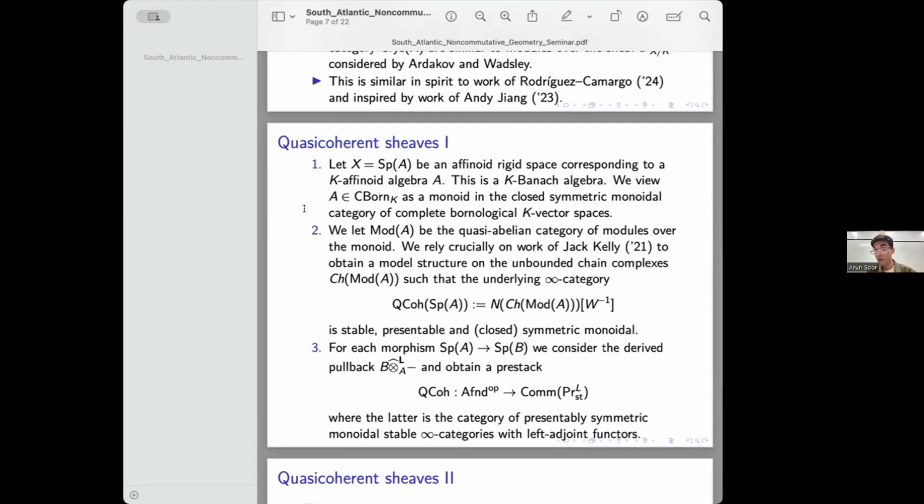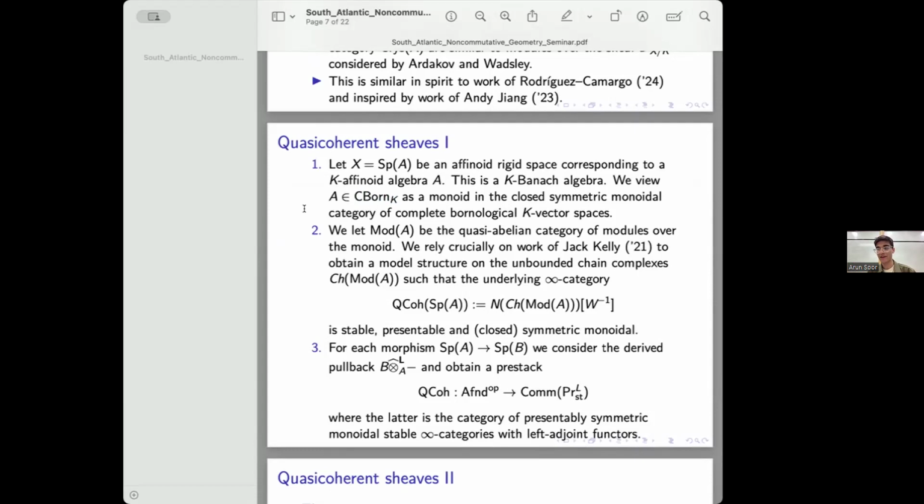That is the quasi-abelian category of modules over the monoid in C-born K. And then Jack Kelly, in his work, has defined model structures on the category of unbounded chain complexes valued in an elementary quasi-abelian category.